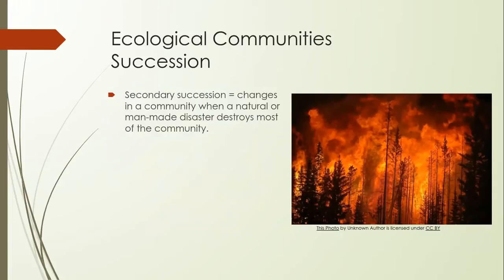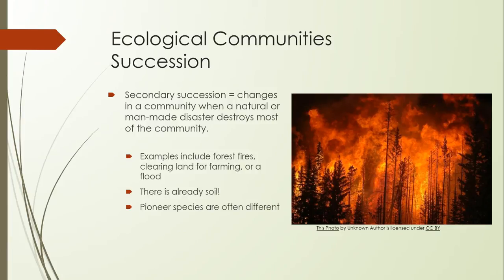Now, another type of succession is what's called secondary succession. Secondary succession is the changes within a community that occur after maybe a natural disaster or some other event. And the thing to think about again is that with this, we are going to be starting with soil. I really want to help you remember the basic difference, right?